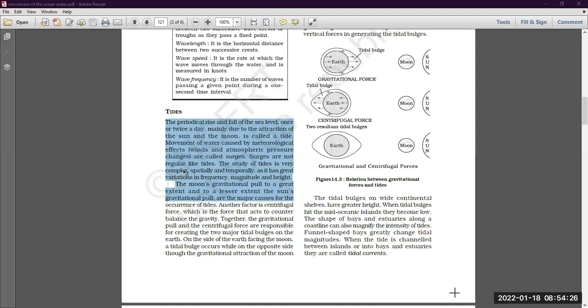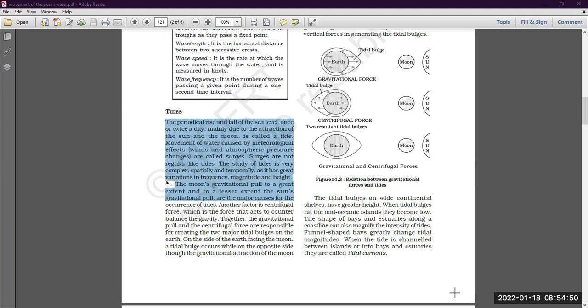So surges are not regular like tides. The study of tides is very complex. Spatially means over the areas, over the oceans in the earth, and temporally here stands for the time, and spatially here stands for the place.